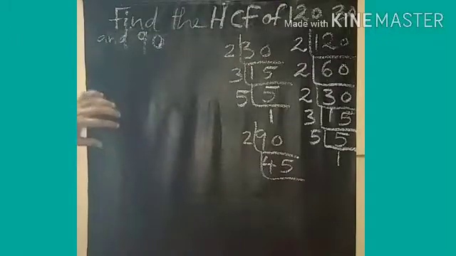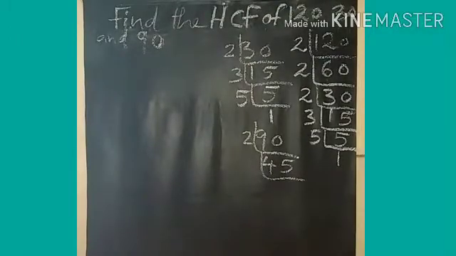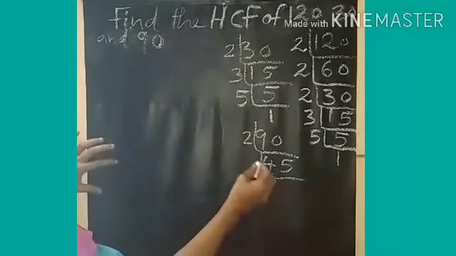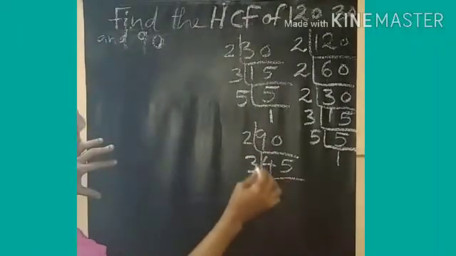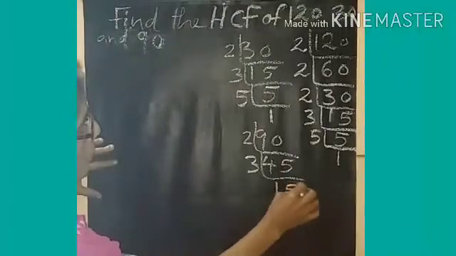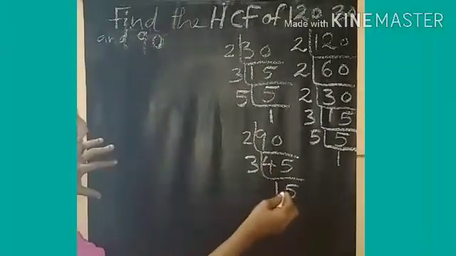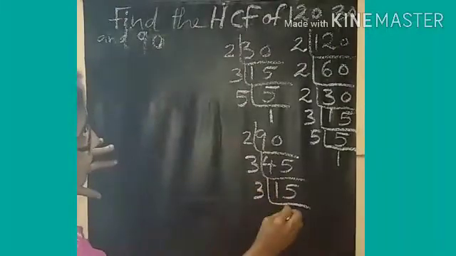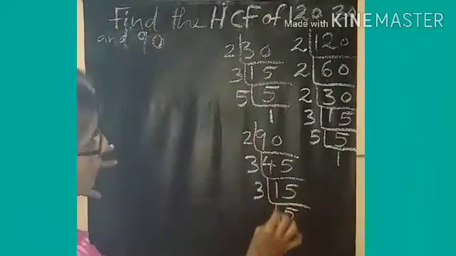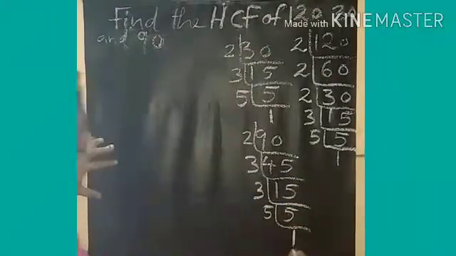Then 45. Can you divide by 2? No. Then 3. 15 into 3, 45. Then 3. 5 into 3, 15. Again 5. 1. Okay.